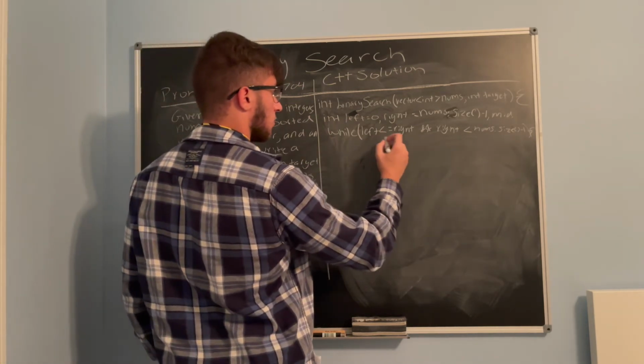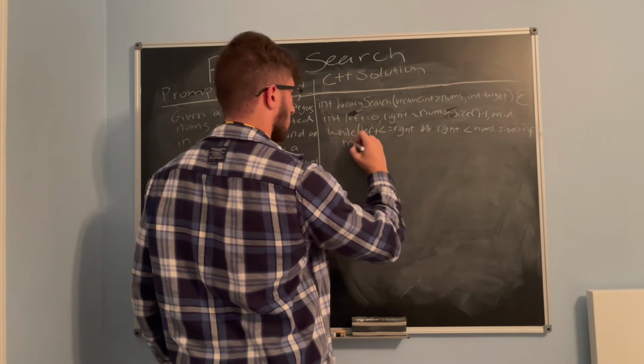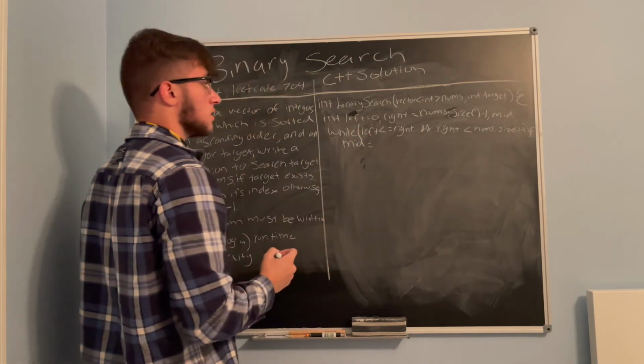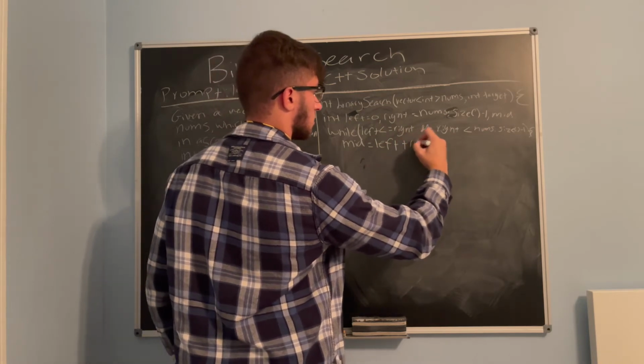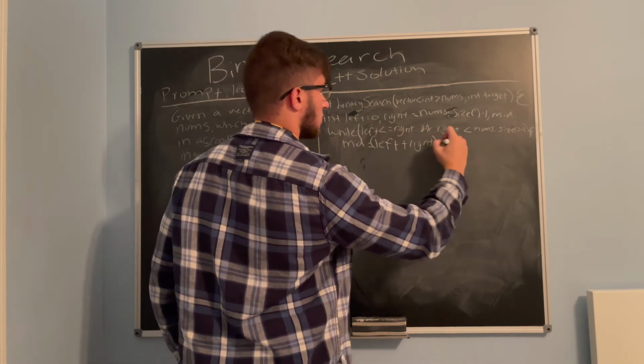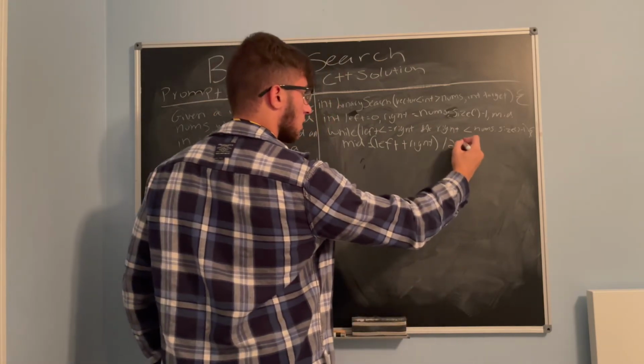All right, so now what we want to do is calculate our mid. So our mid will equal the left plus right divided by 2, just like that.